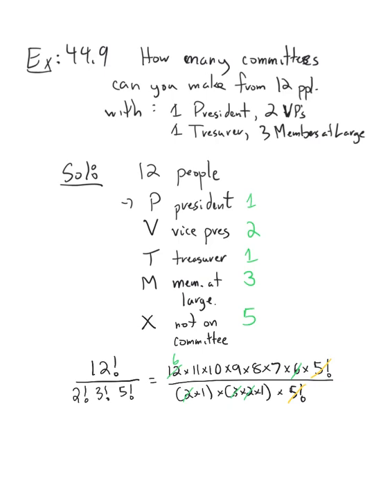Whatever that number is, that is the number of different committees I can make out of these 12 people. And if you multiply those together, you get 332,640, which is quite a lot if you think about it.